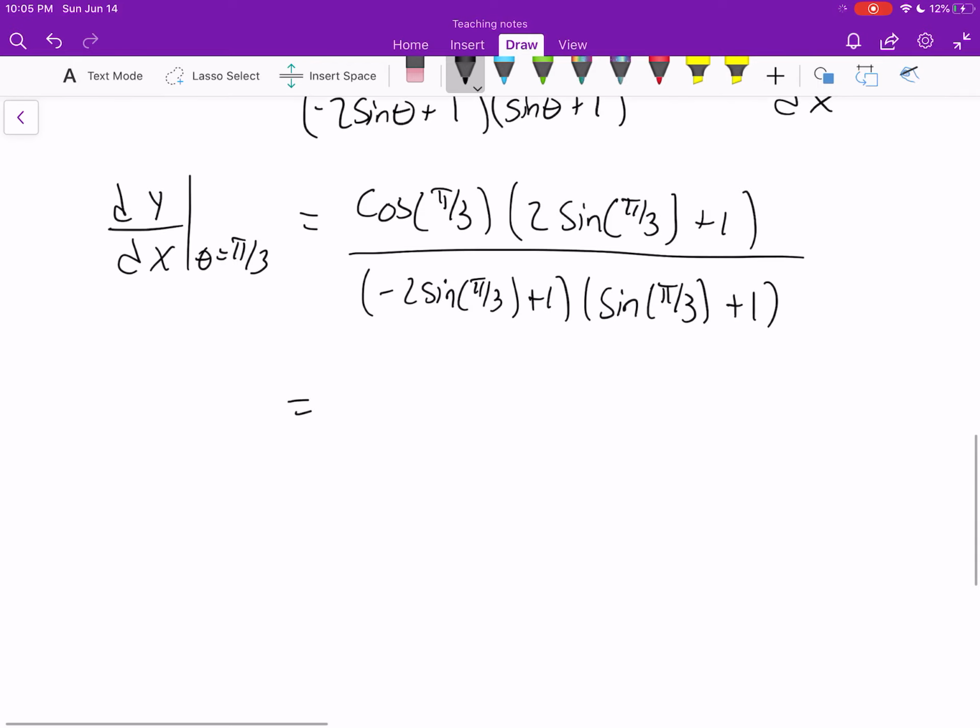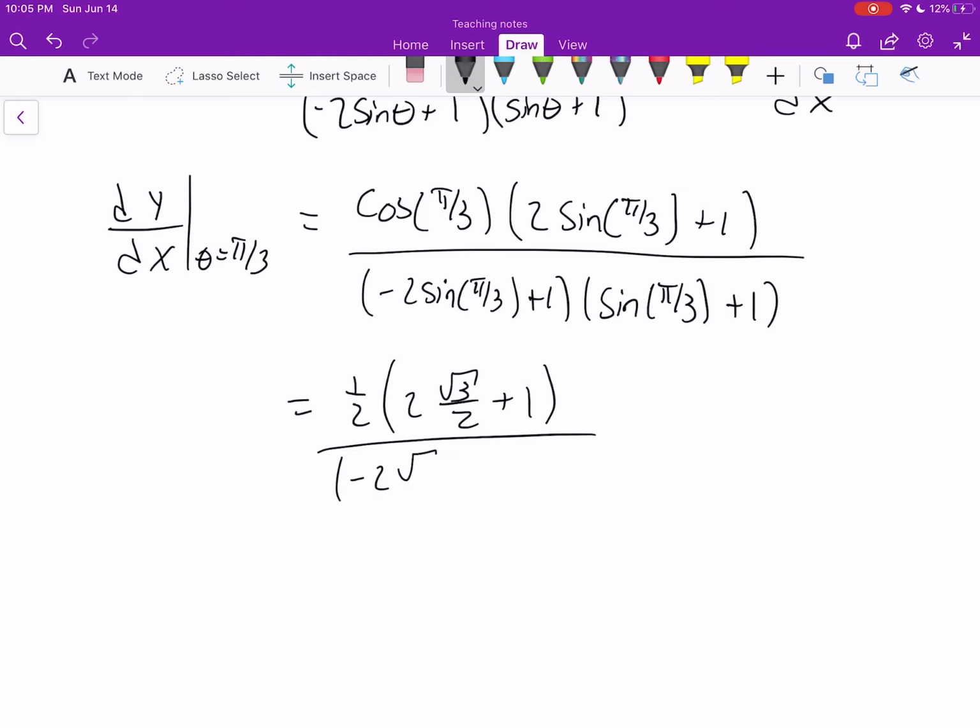On top, I have cosine of pi over 3 times 2 sine of pi over 3 plus 1, just plugging pi over 3 in for theta. Cosine of pi over 3 is a half. Sine of pi over 3 is square root of 3 over 2. Down bottom, I'm going to have negative 2 times square root of 3 over 2 plus 1, and then the other factor with square root of 3 over 2 plus 1.